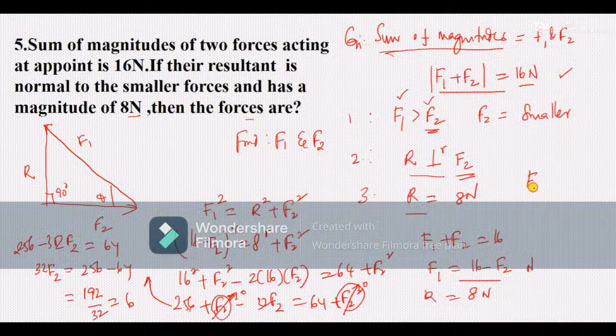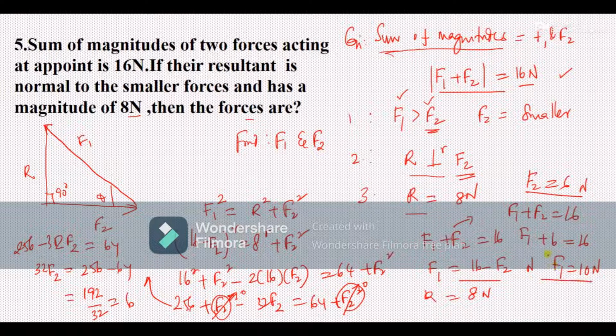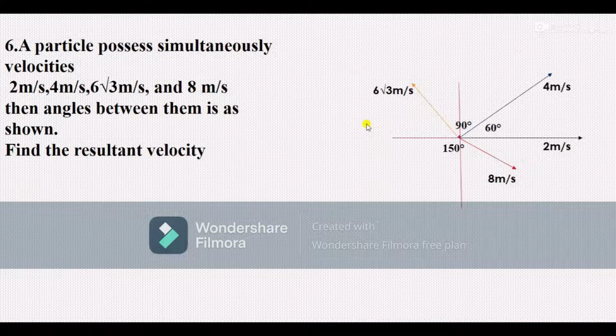After getting F2 equal to 6, we use F1 plus F2 equal to 16 and substitute the value 6 for F2. We simplify and get F1 equal to 10. So this is how we find the individual forces F1 and F2 using the parallelogram law.